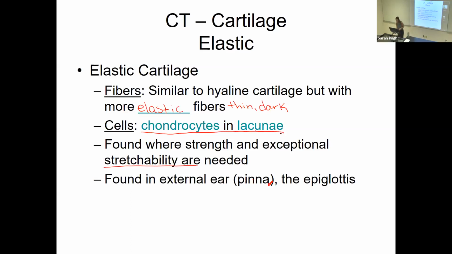Does anybody know what the epiglottis is? Have you heard of that before? You have two tubes in your throat. You have one that carries air, that's called the trachea, and you have one that carries food called the esophagus.